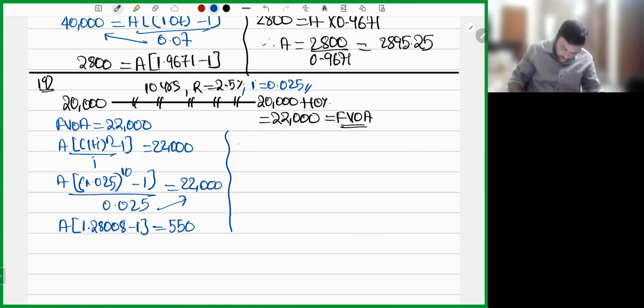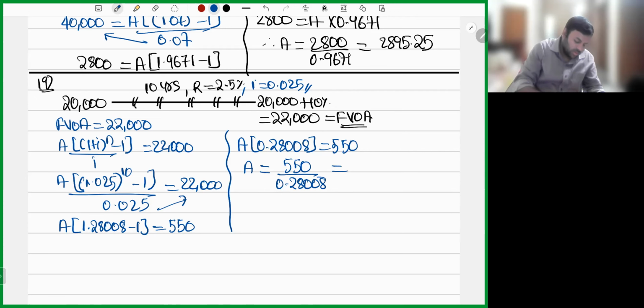Next step, A into 0.28008 is equal to 550. So A is equal to 550 divided by 0.28008. How much do we have? 1,963.72. Approximately I'll say it is 1,964.